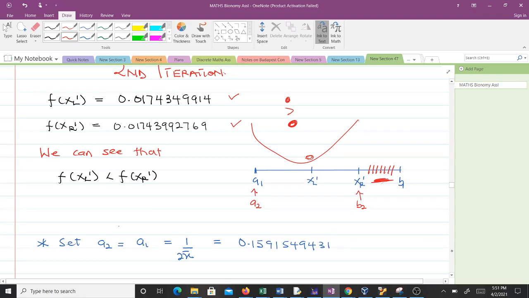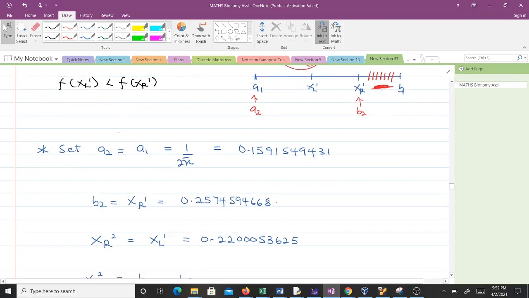We set our a2 to be a1, which is equal to 1 over 2 pi, and that is 0.15915494431. Then you should know that b2 is equal to xr1, and that is 0.2574594668.